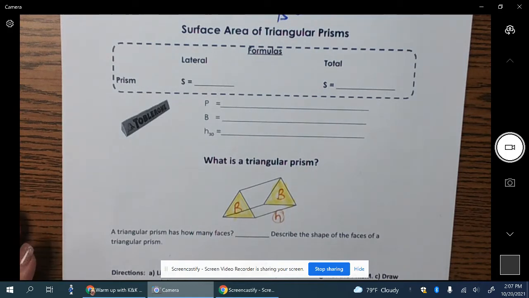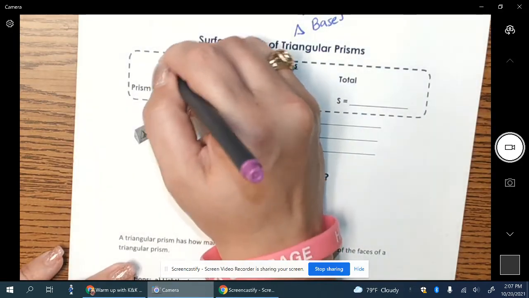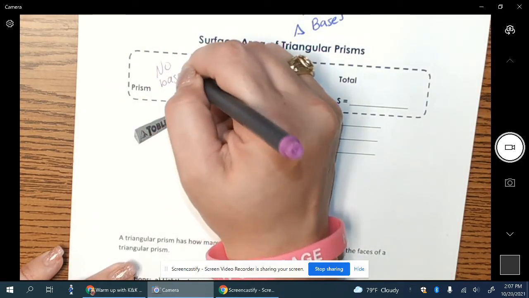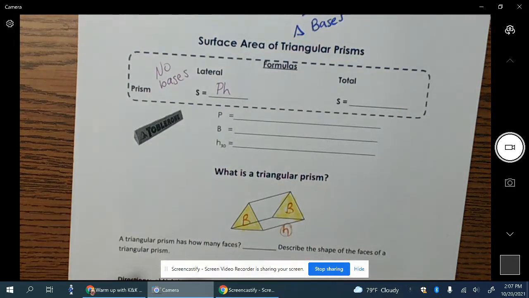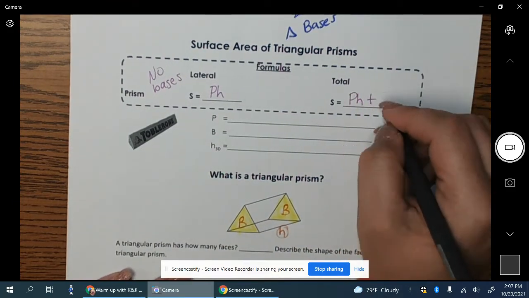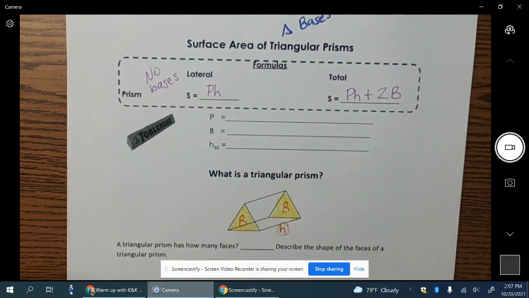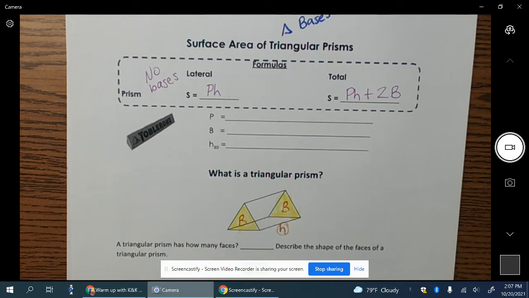Lateral means no bases, okay? And it's PH. Total is PH plus 2B. And why is it 2B? Because there are two bases, not just one. Good.